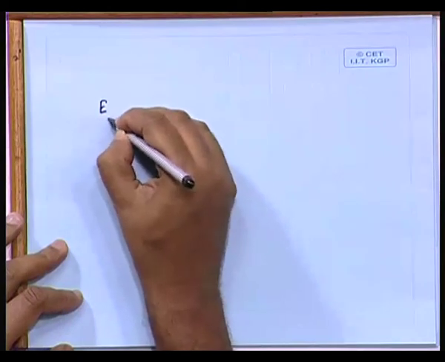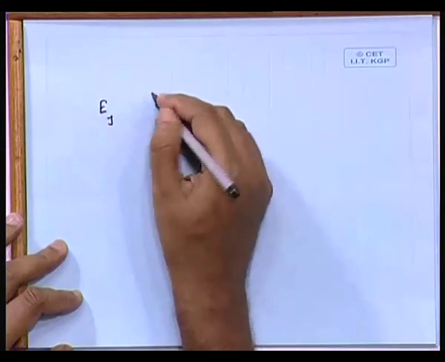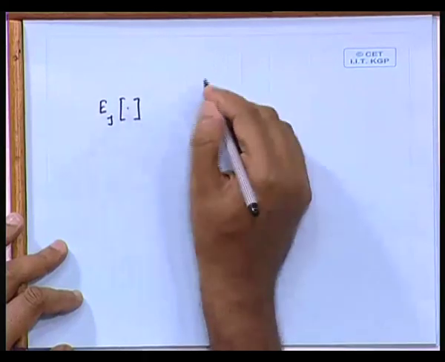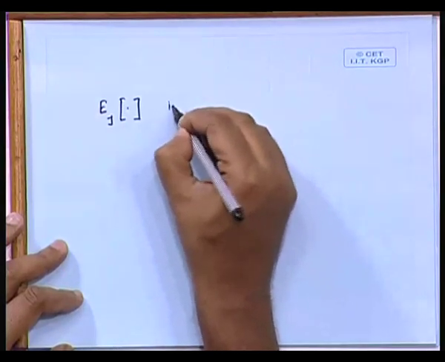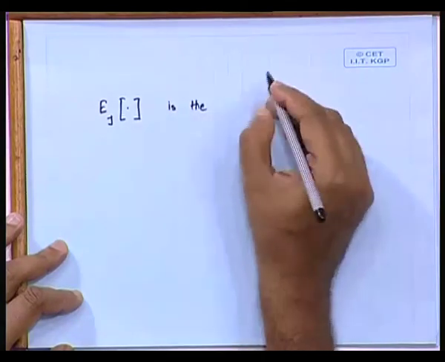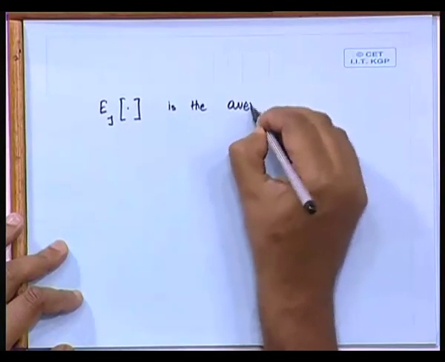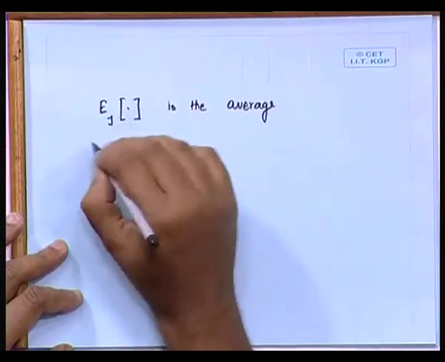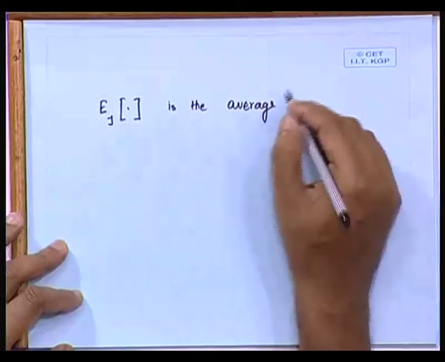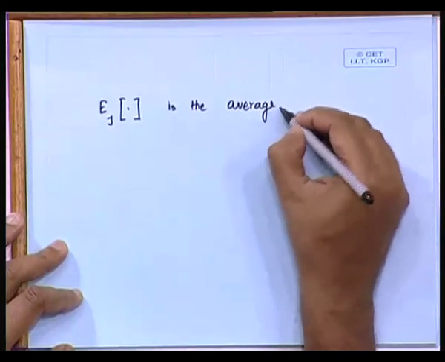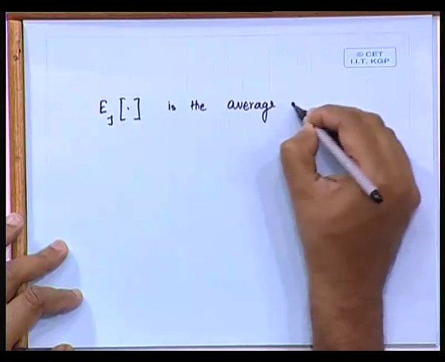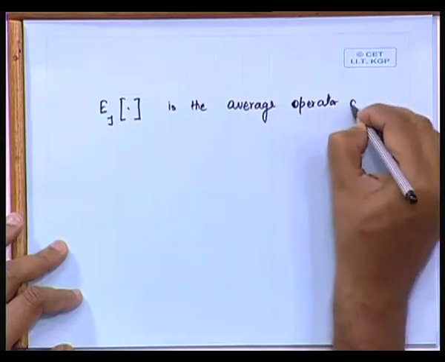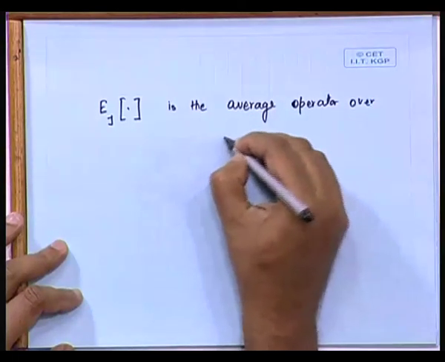Let us say that E_T, when we write it like this, we are defining as the average operator over the entire training sample. So when I write E_T with something in the bracket, this is nothing but the average operator over the entire training samples.